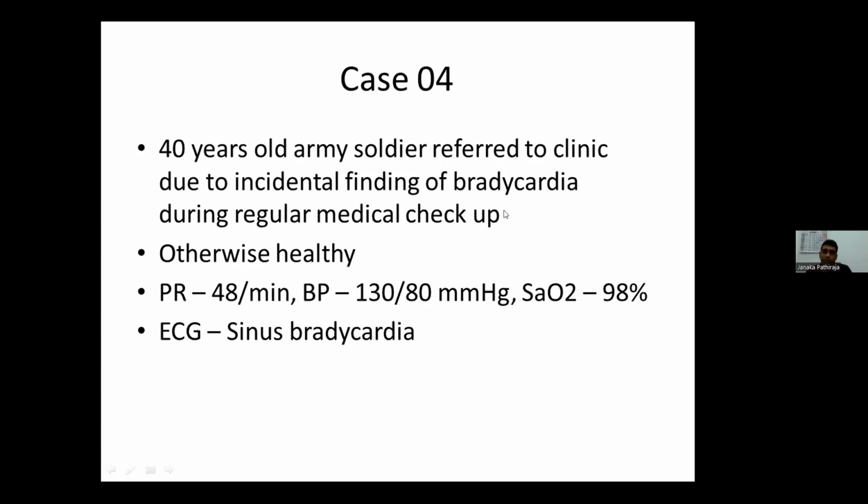Sinus node dysfunction could be symptomatic or asymptomatic, right? Sometimes sinus node dysfunction is there, but these people are not symptomatic. There may be bradycardia, but the patient is not symptomatic, so in that case, we don't call it sick sinus syndrome.